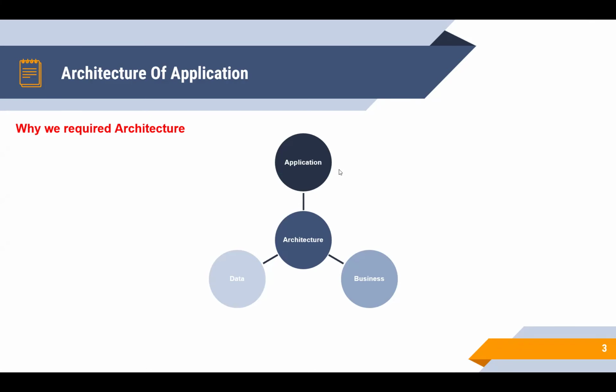Let's suppose Google Map. In Google Map, the user can search the location, find the distance, find the navigation, create the route. So this is the user interface or UI part, UI means user interface.